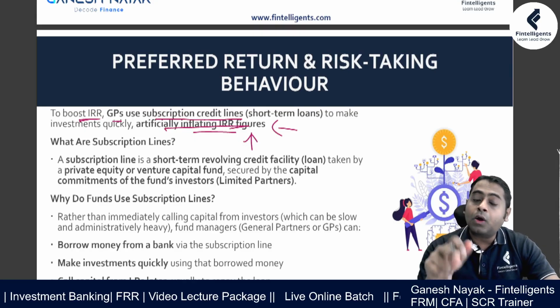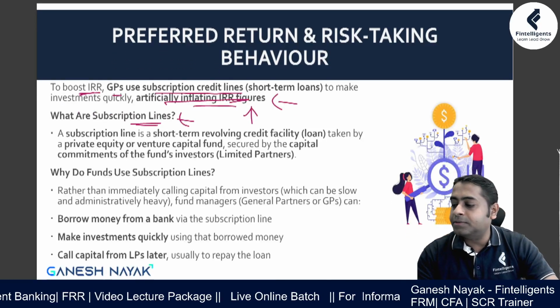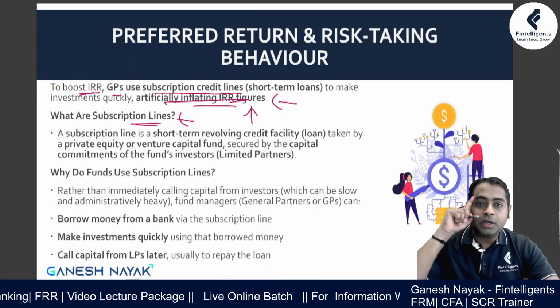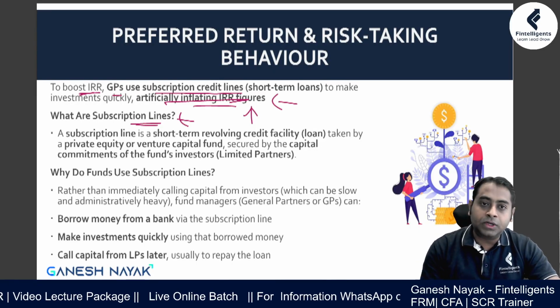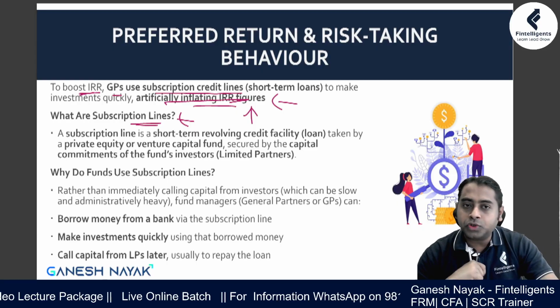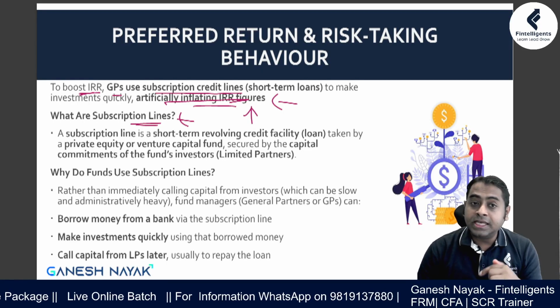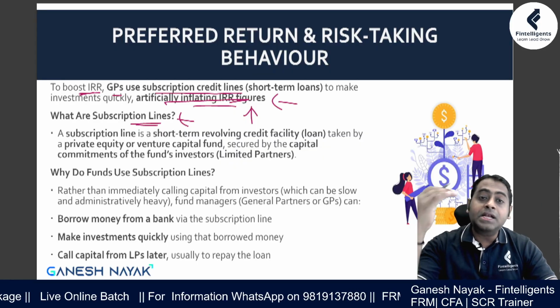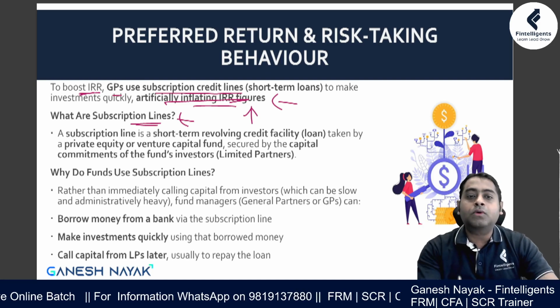Now, how does this help? So the GP or the fund manager is thinking, instead of using the LP's capital, because if I have identified an opportunity, I'll have to take this opportunity to the LP. The LP will check, assess, then deploy the capital, and only then will I make the investment. Instead of waiting for all of this, let me go to the bank.